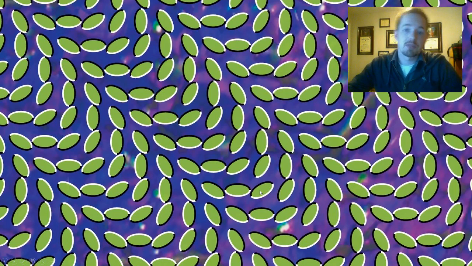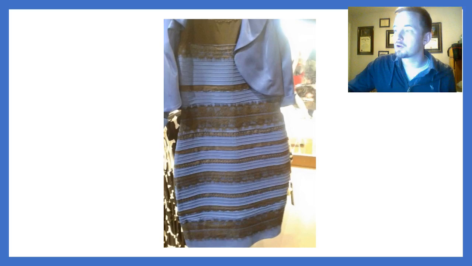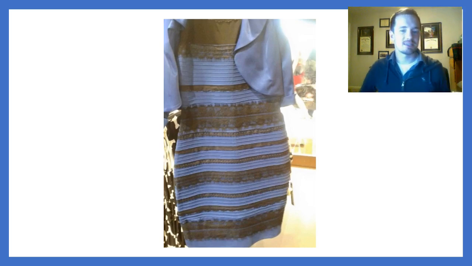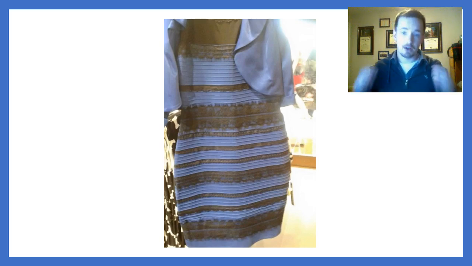Another example, and maybe you're saying, okay, but this is only mildly interesting. That's okay. What about this one? I know a lot of people like this optical illusion. This is the famous dress that 4 years ago or so, people got really upset about. Why? Because 2/3 of the population see this as a blue and black dress, and 1/3 see it as a white and gold dress.